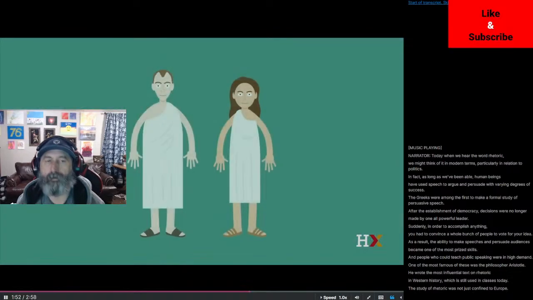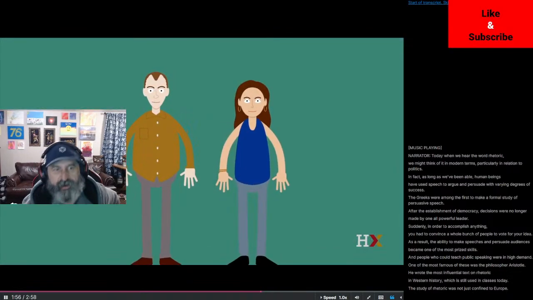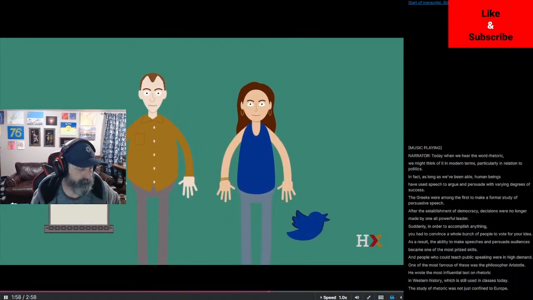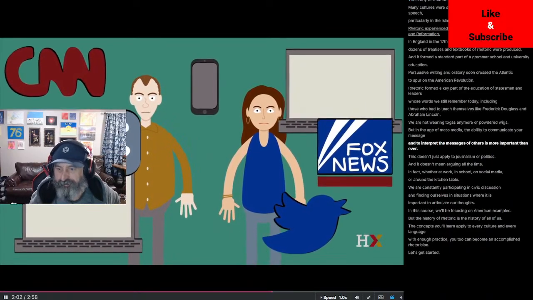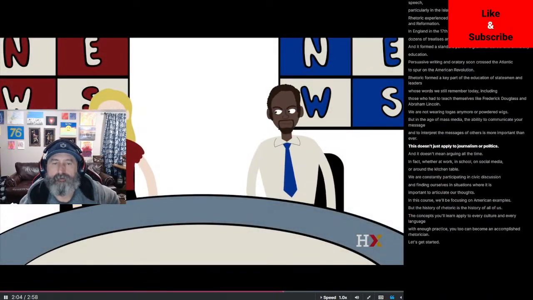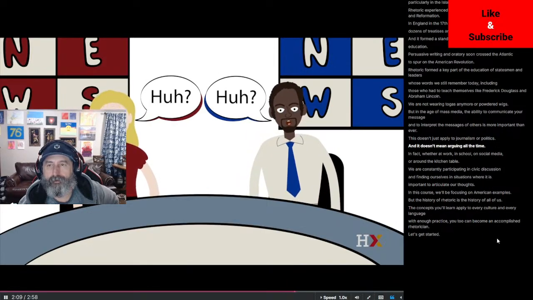We're not wearing togas anymore, or powdered wigs. Frederick Douglass is a brilliant man. In the age of mass media, the ability to communicate your message and interpret the messages of others is more important than ever. This doesn't just apply to journalism or politics, and it doesn't mean arguing all the time.